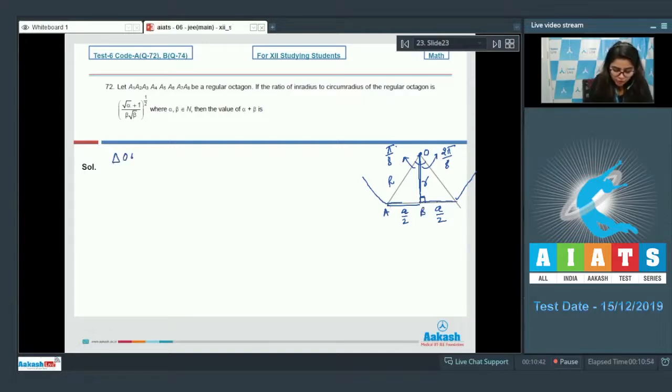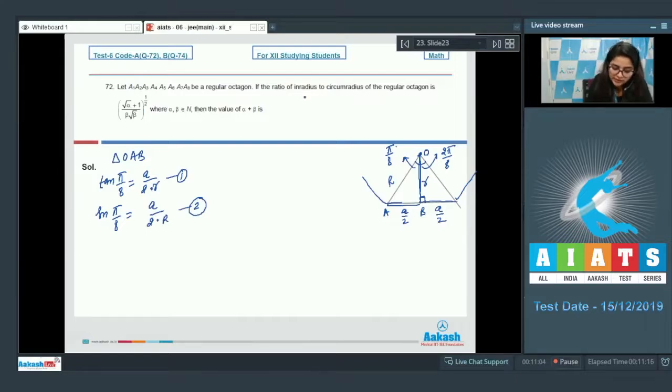In triangle OAB, tan pi by 8 is equal to A by 2 into r, equation number 1, and sin pi by 8 is equal to A by 2 into R, equation number 2.